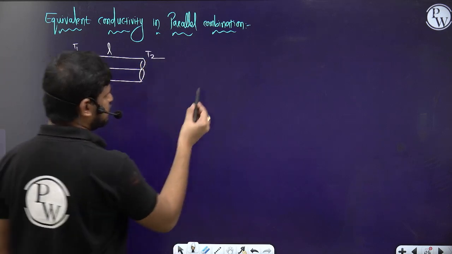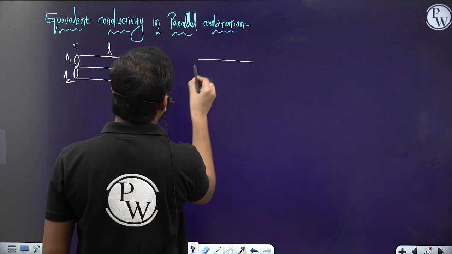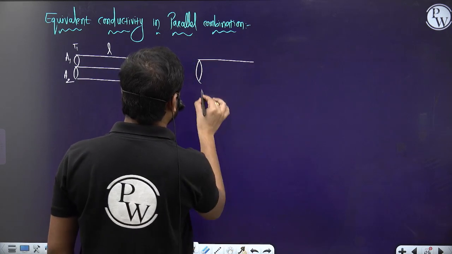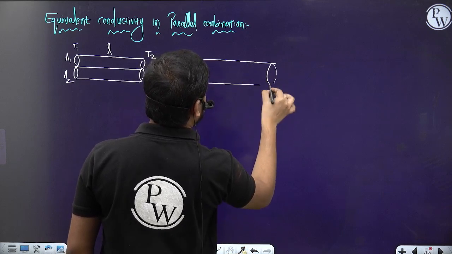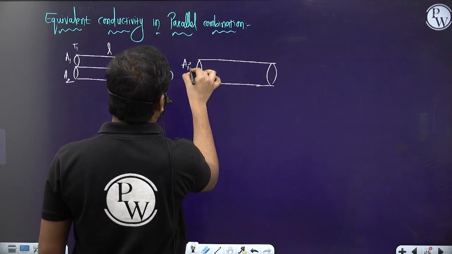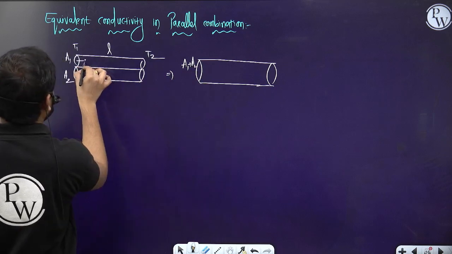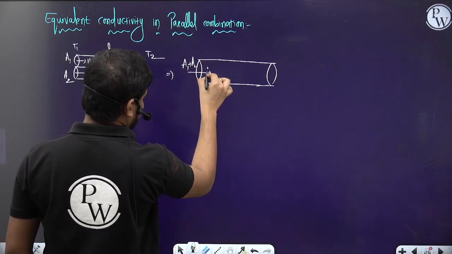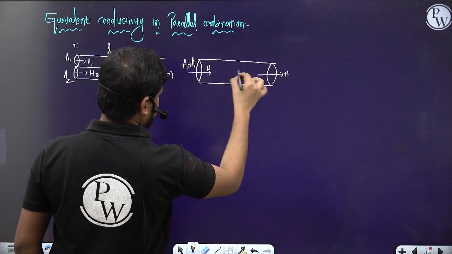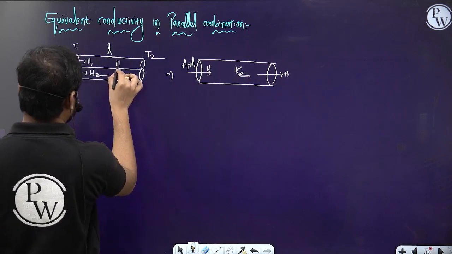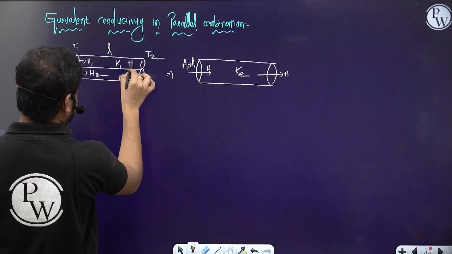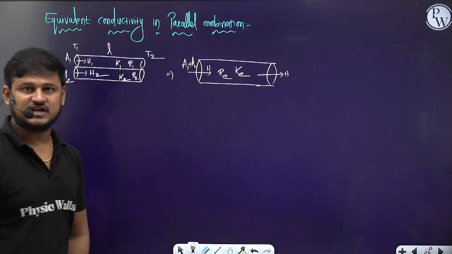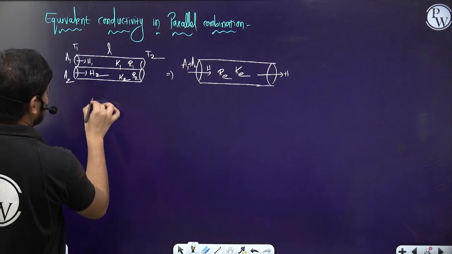Then the composite rod, whose area will become A1 plus A2. The heat current that flows in the first one is H1, in the second one is H2, and here the total H. Here the equivalent conductivity Ke, K1, K2, resistance R1, resistance R2, and the equivalent resistance R equivalent.